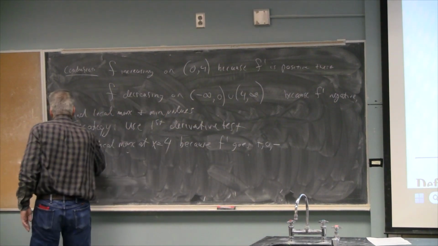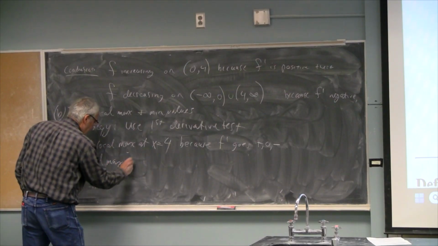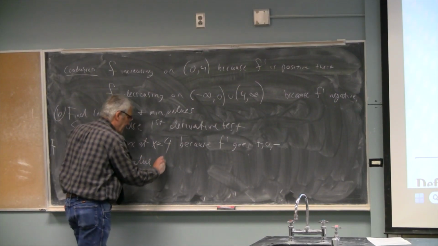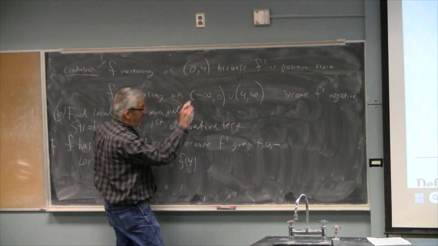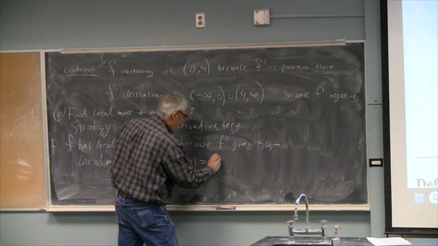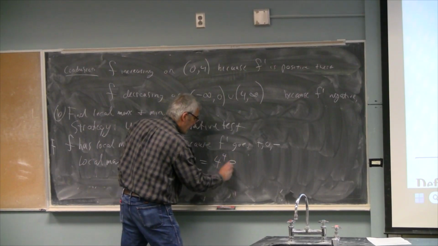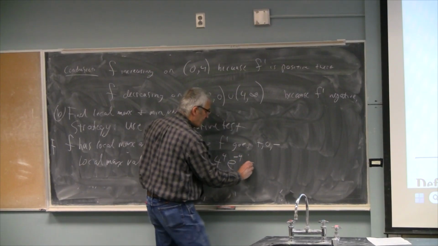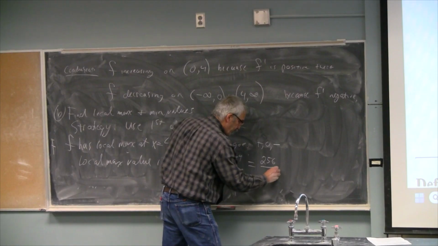The local max value is f of 4. For that I go back to the original function. That's going to be 4 to the 4th times e to the minus 4. So that's going to be 256 over e to the 4th.